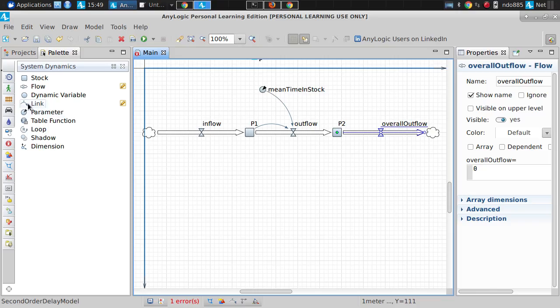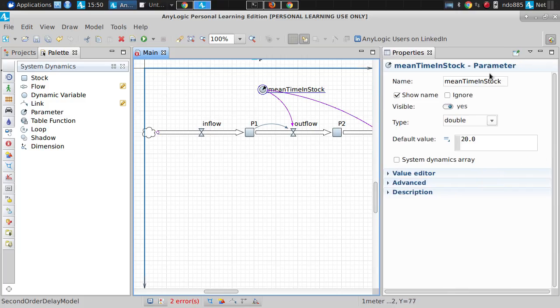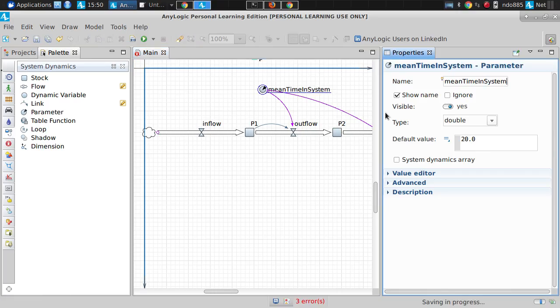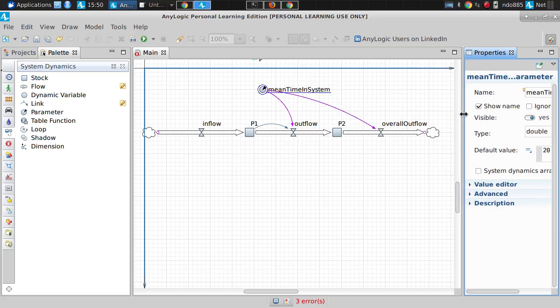Next, we are going to hitch up mean time in stock to each of those. And in fact, we're going to rename mean time in stock to be mean time in system. It's going to be the mean time in the entire system.